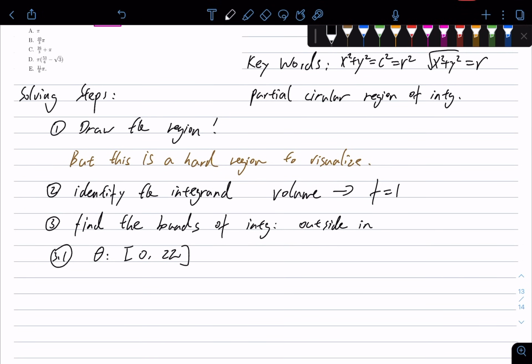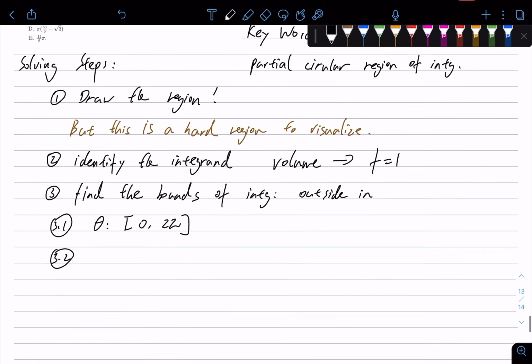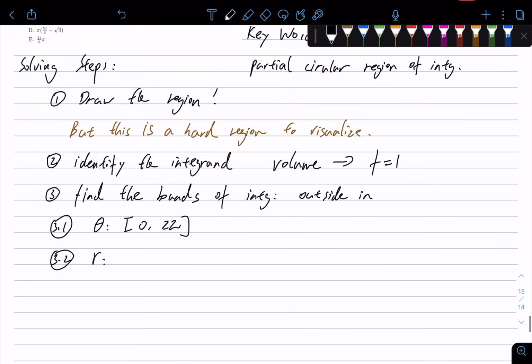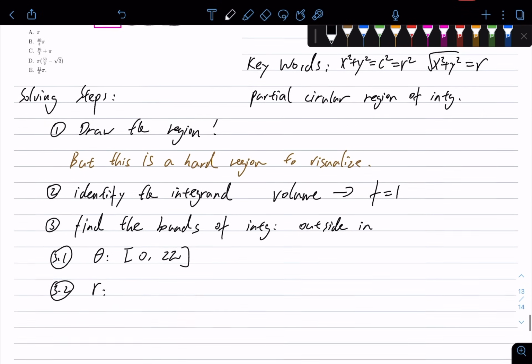And then I'm going to work my way up to the r bounds. In order to find the bounds of r, I'm going to find the intersection between the upper surface and the lower surface.